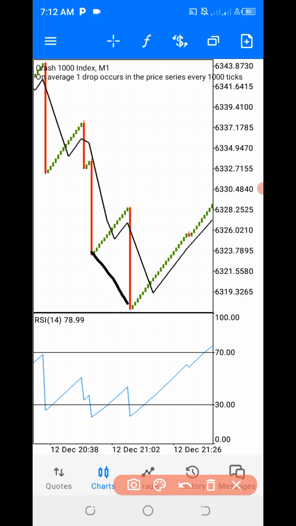See, this is our divergence. This is a lower low, and this is a higher low.